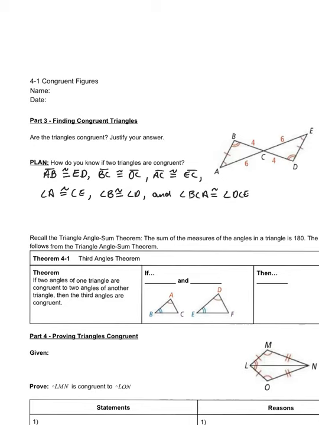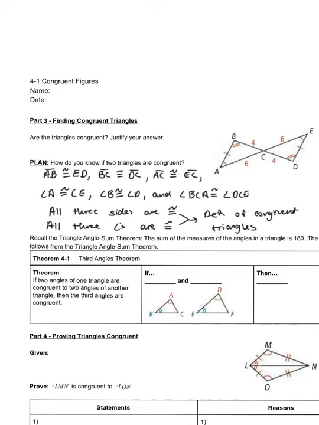Now, here we have all three sides are congruent, and all three angles are congruent, okay? Now, this is what we call the definition of congruent triangles.